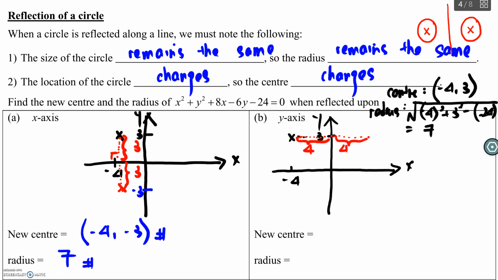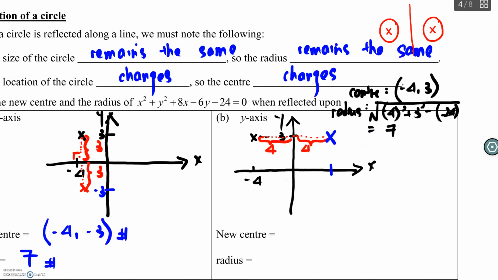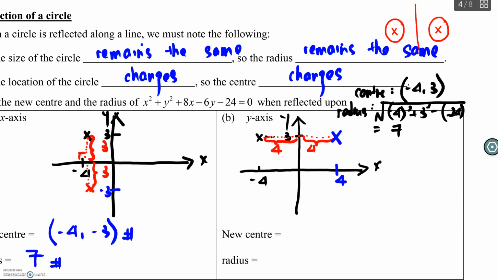And that will be your new center. The x-coordinate has actually changed to, or rather the y-coordinate has changed to 4. So let me indicate the coordinates of the new center. Radius remain unchanged again, so I'm just going to write down the original radius.